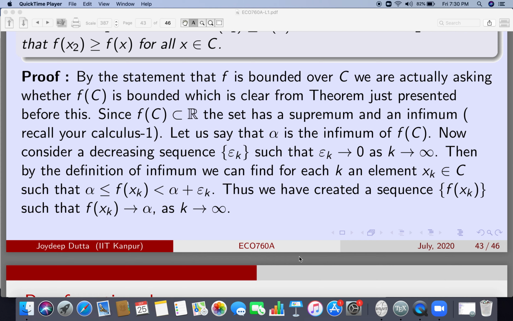So the limit of f of xk is alpha. You can do it in whatever way you please, it doesn't matter. So we have created a sequence f of xk such that f of xk goes to alpha as k tends to infinity.